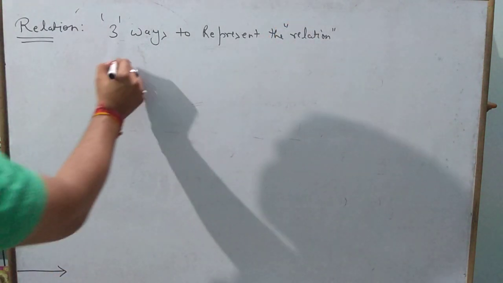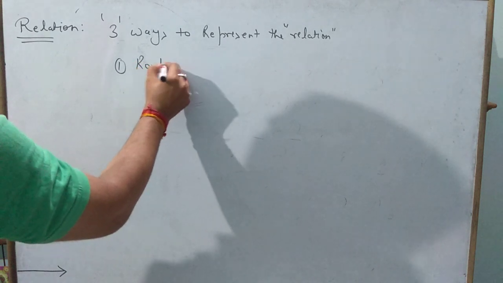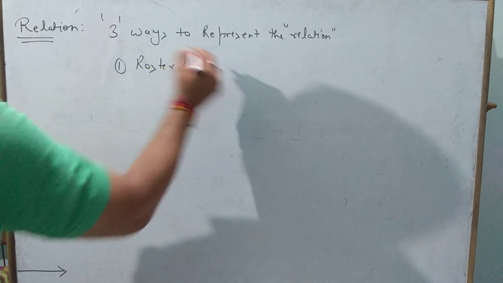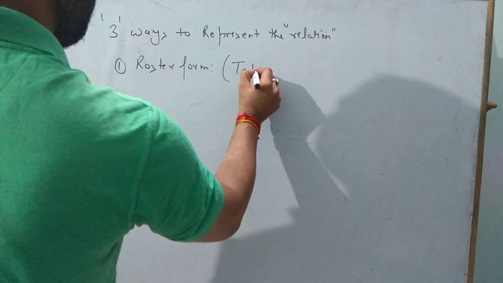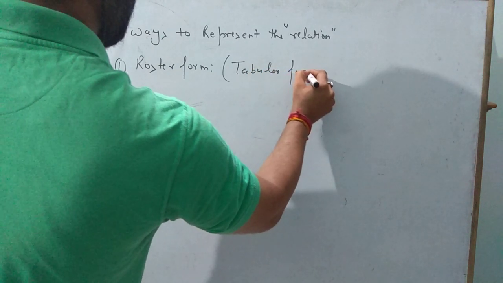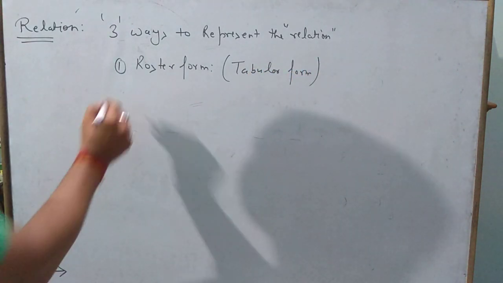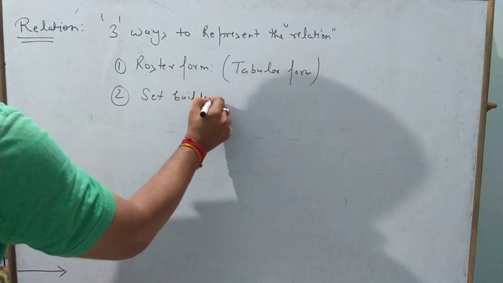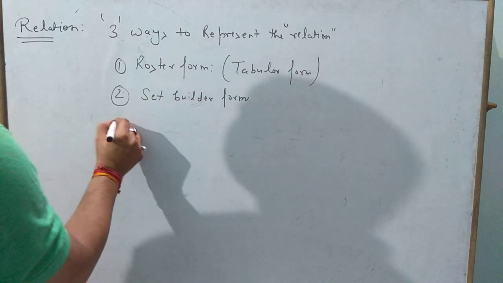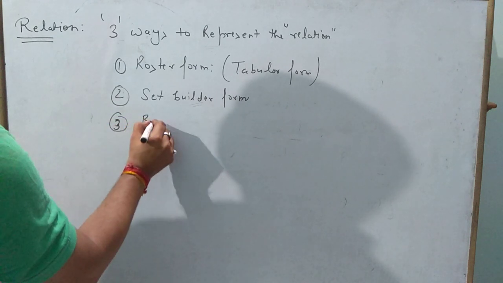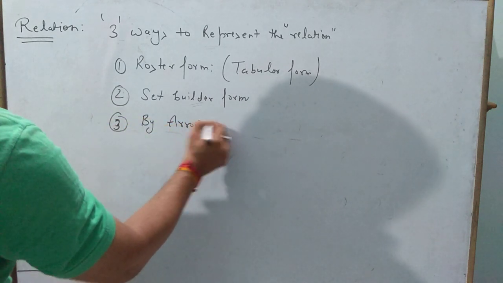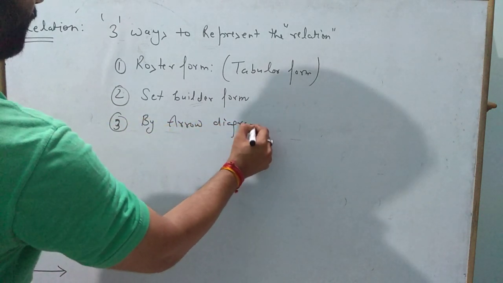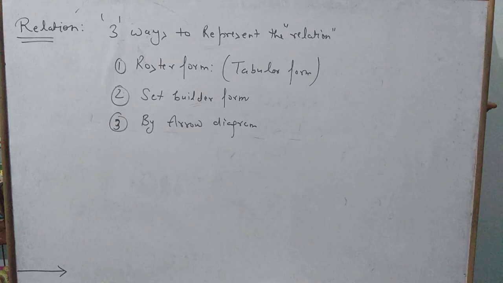The first one is roster form, also known as tabular form, and the second is set builder form, and the third one is by arrow diagram. So it is mentioned in a problem in which way you are going to represent a relation.